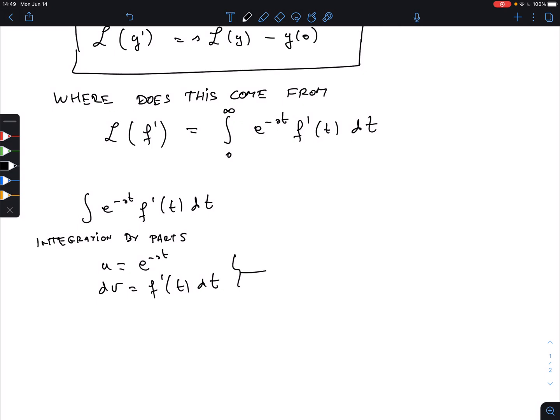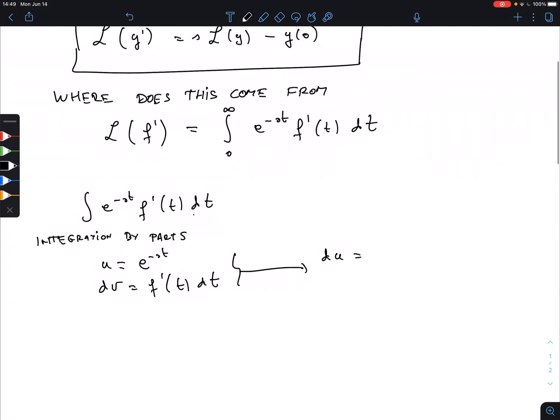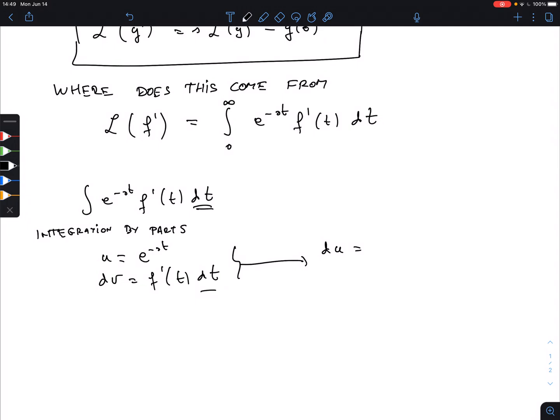Once we have done this, we have to calculate du. Now remember, the variable is t here, not s. This is clear from this expression here. So du is minus s e^(-st) dt, and v is equal to f(t), because the antiderivative of a derivative is just the function.